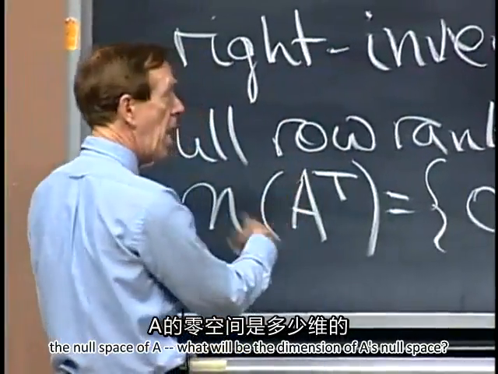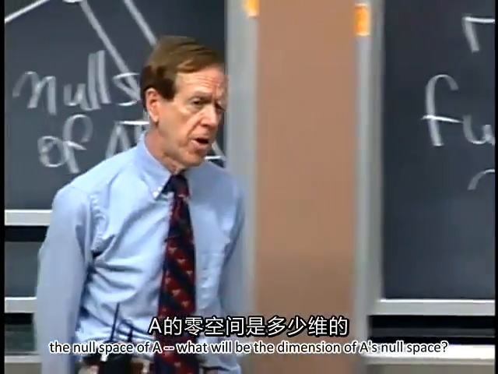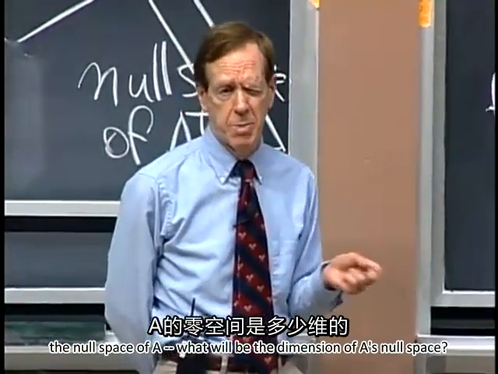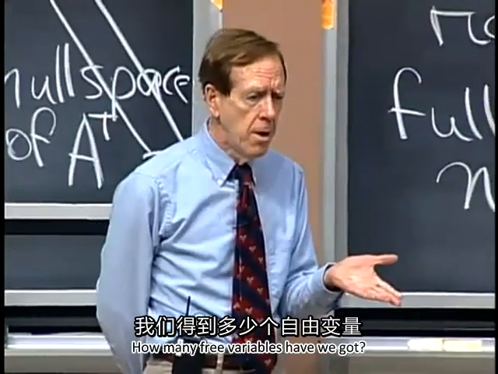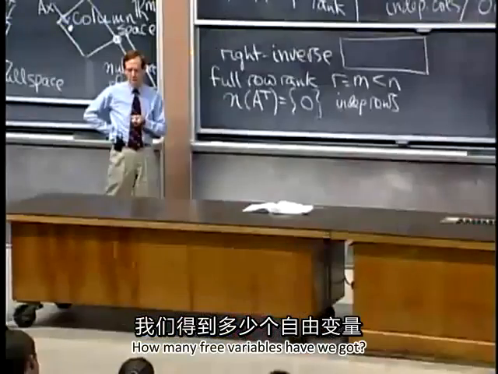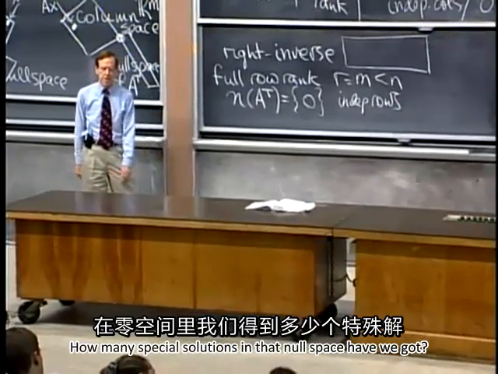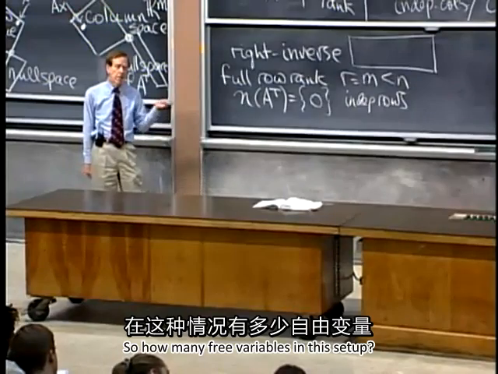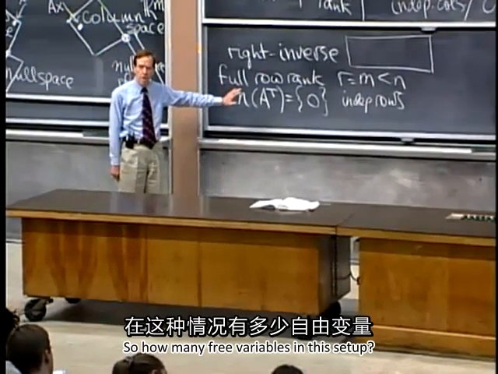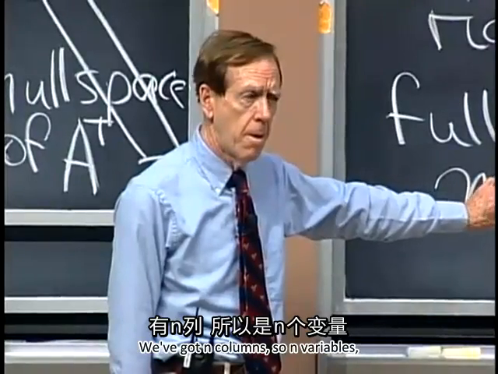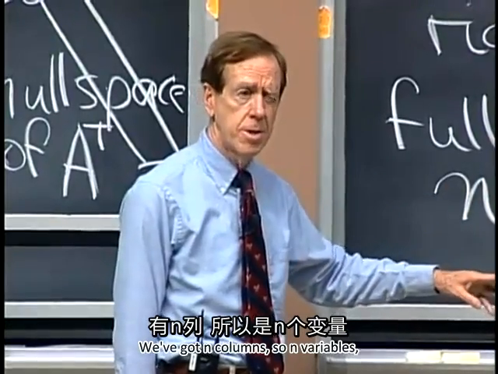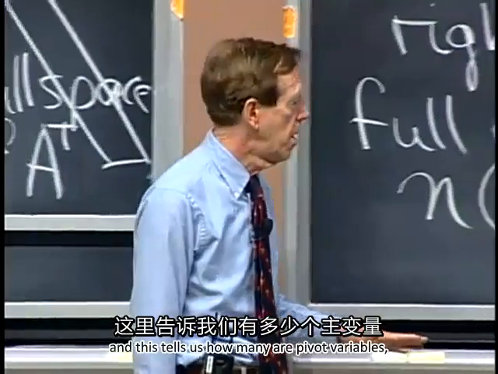The null space of A, what will be the dimension of A's null space? How many free variables have we got? How many special solutions in that null space have we got? So how many free variables in this setup? We got n columns, so n variables.